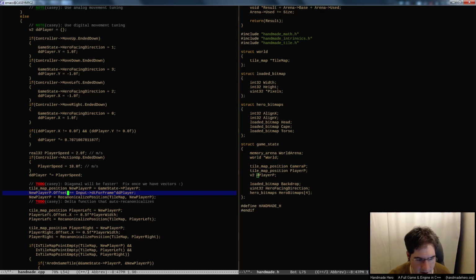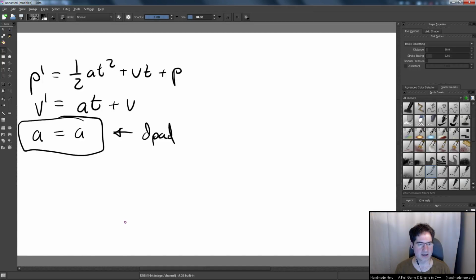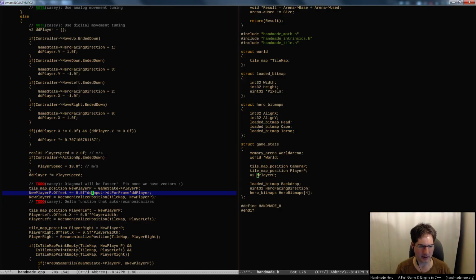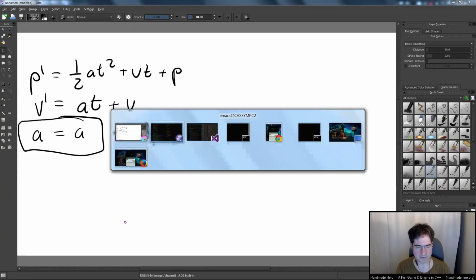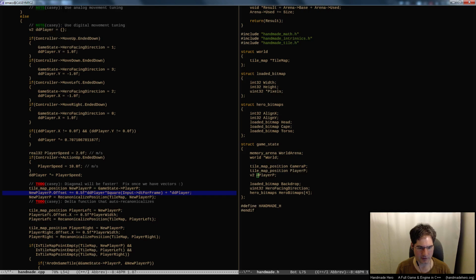Okay. So we want to actually just compute that, not too hard. 1/2 A times T squared. So I'll go ahead and say square. We need to write that, we haven't written that yet. So that's literally 1/2 AT squared. I'm really just literally typing it in. Then I want to do the same thing for the VT term.